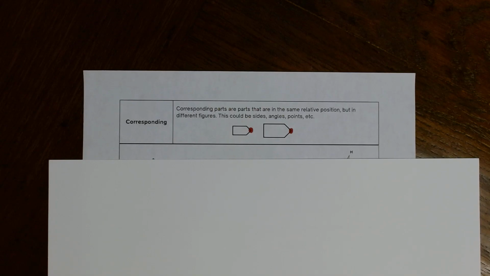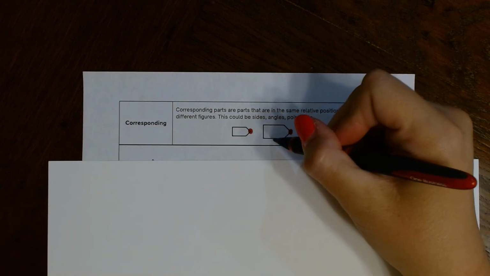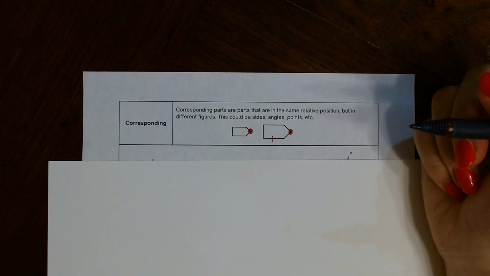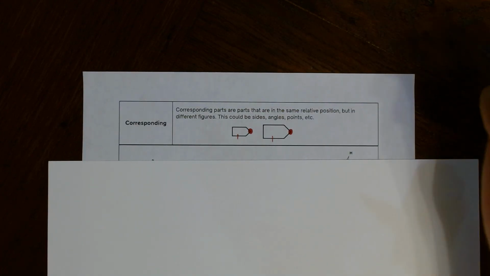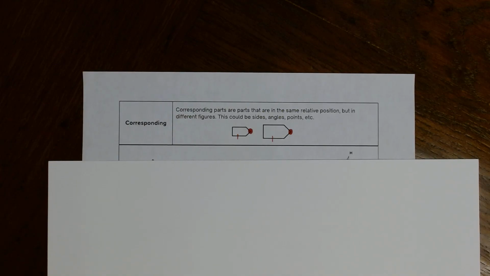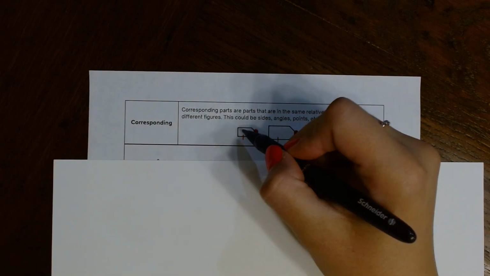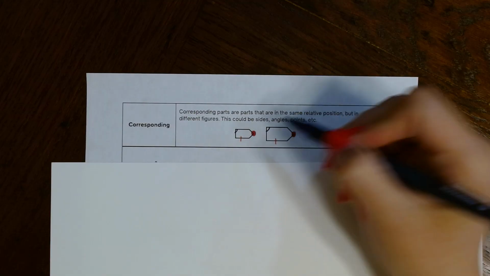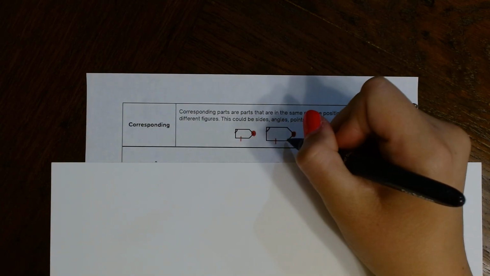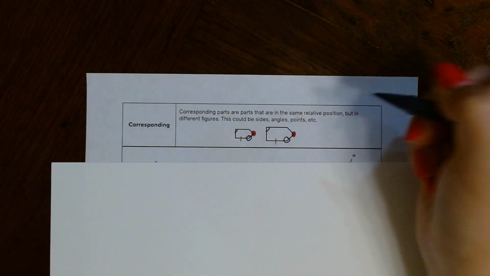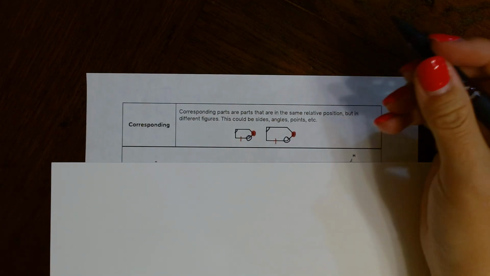If I were to put a line right here for this side and a line right here for this side, those two sides are corresponding. This angle and this angle are corresponding angles. This angle and this angle are corresponding angles.